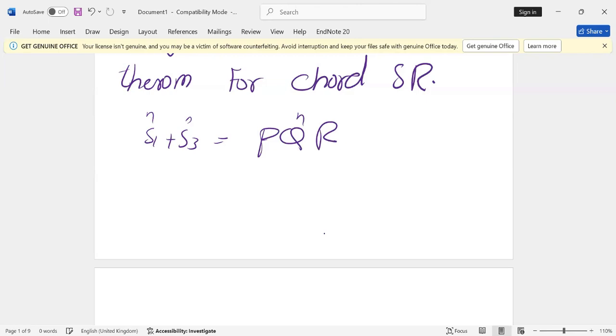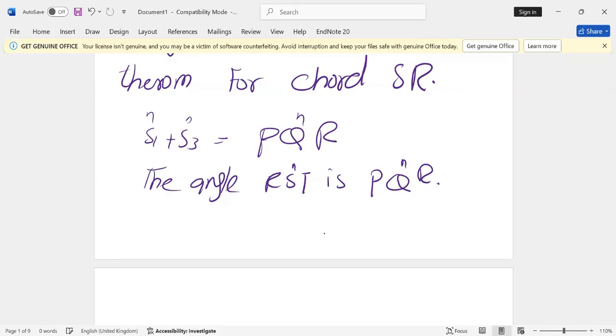So the angle RST is PQR. So PQR equals Q1 plus Q2.